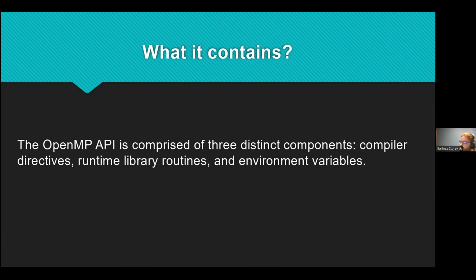Runtime library routines typed in your source code are function calls to functions of the OpenMP library, omp.h in C or C++. And environment variables are handled in the terminal. This is a variable used by the system that can be modified or retrieved.